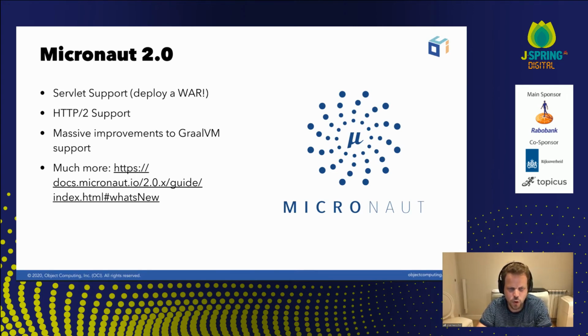There have been absolutely enormous improvements to our support for GraalVM native image. So we support all the SQL databases, all the SQL drivers. We support Elasticsearch, we support Redis, we support Neo4j. We support so many different things in native image now that you really have to look hard to find what we don't support in native image in terms of third-party libraries, which is awesome. And there's a lot more, and I recommend you take a look at our What's New guide.